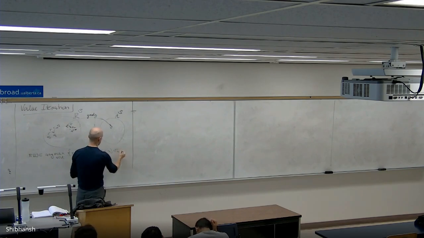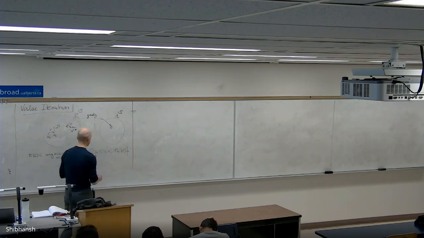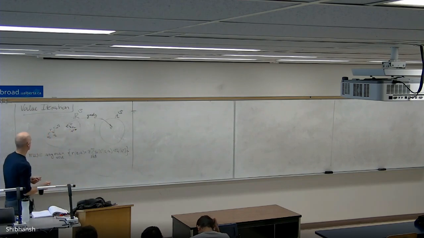And OK, I'm using V_n at the moment. OK. So this is this greedy map.